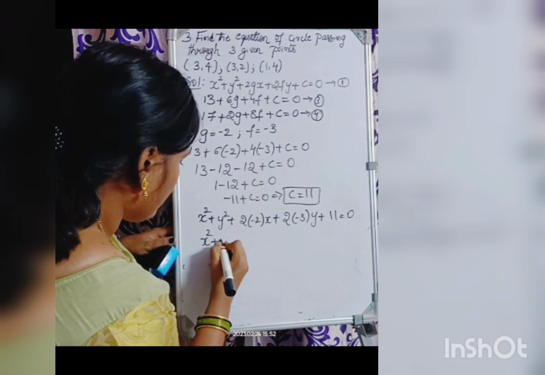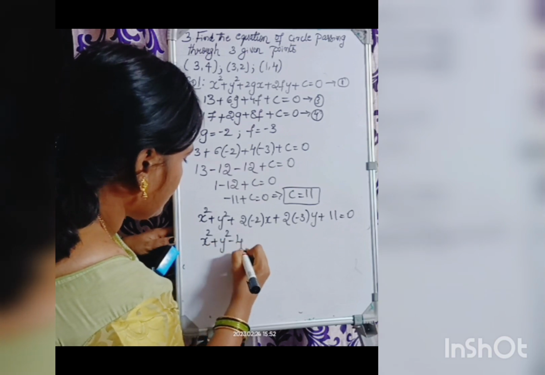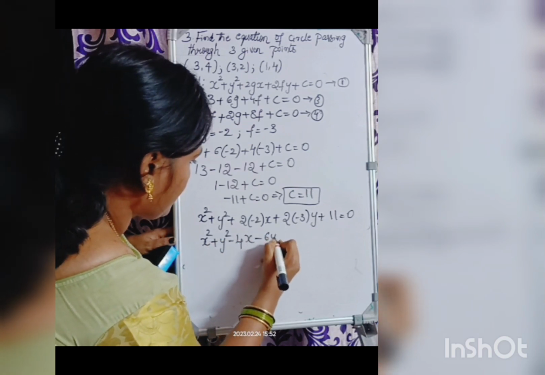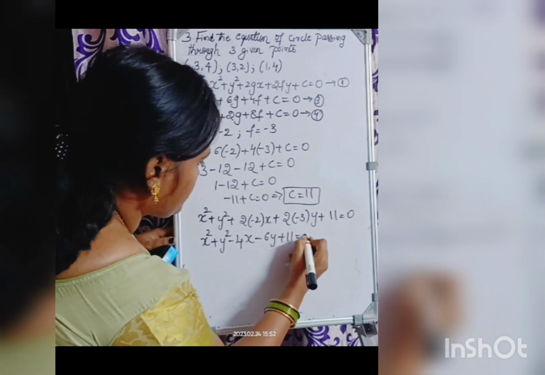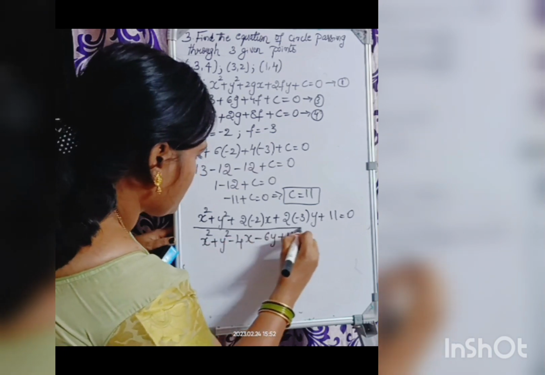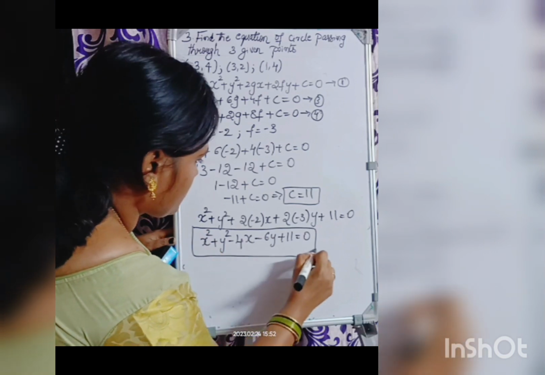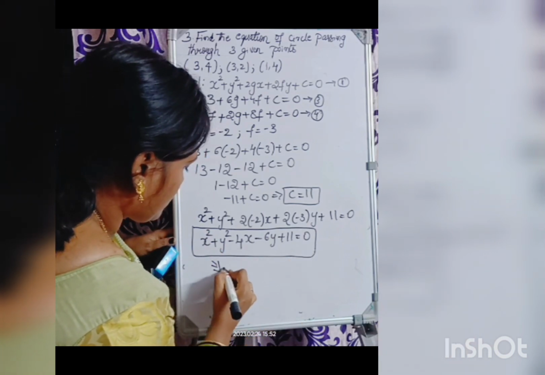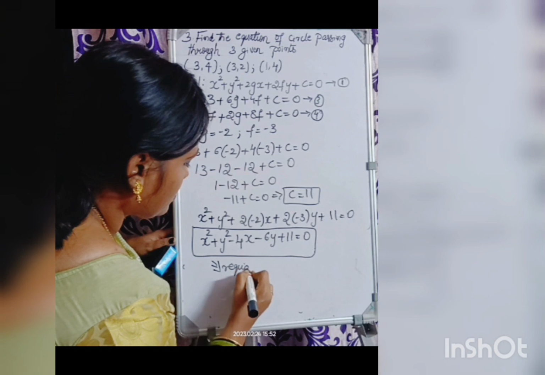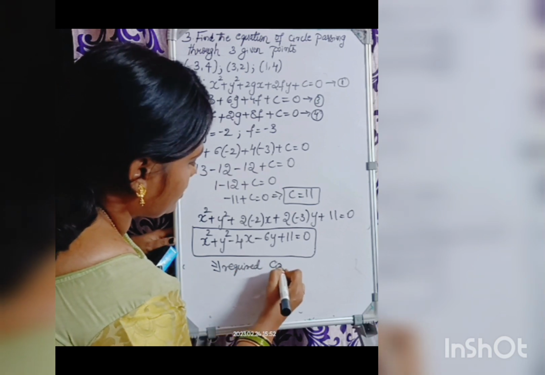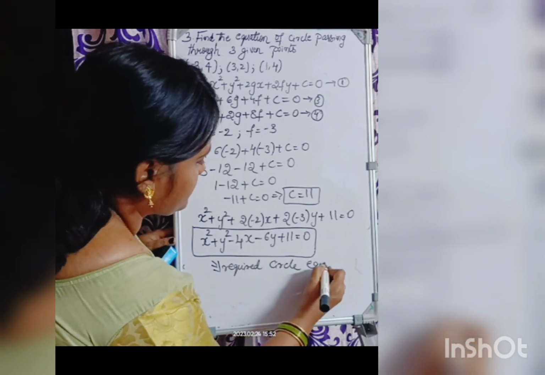That is x² + y² minus 4x minus 6y + 11 = 0. This is the required circle equation.